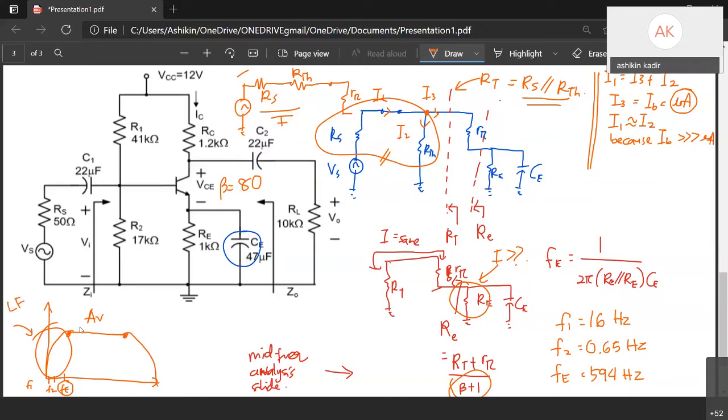So we only consider our FE because FE is the highest, near to the mid frequency. And then here is the high frequency.